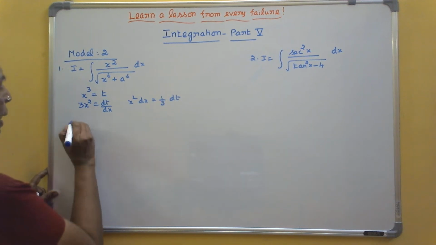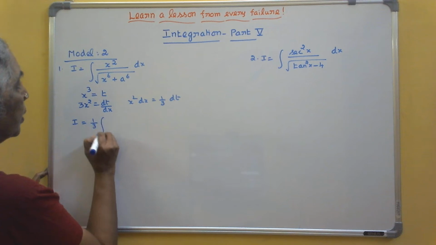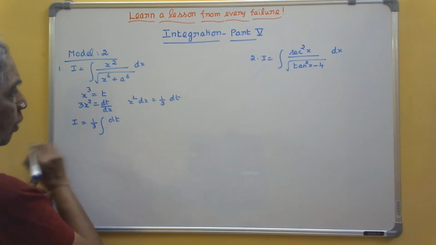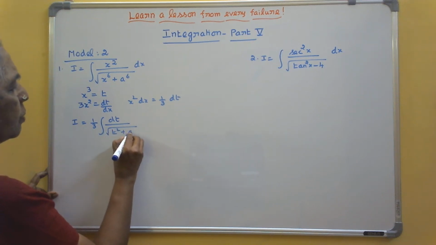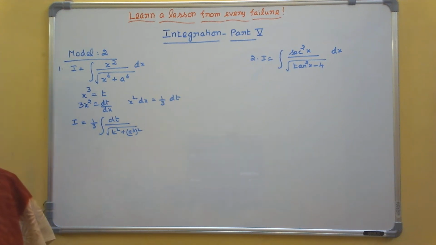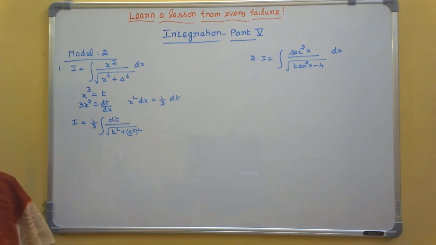So, now your I will be, now you write the 1 by 3 outside. X squared dx, that will become now dt because 1 by 3 I have taken. Here I will get t square. This you can write a cube the whole square. Since a is a constant, whether you have a or a squared or a cube, that doesn't matter. Only now t is the variable of integration, so only that should be the linear part.